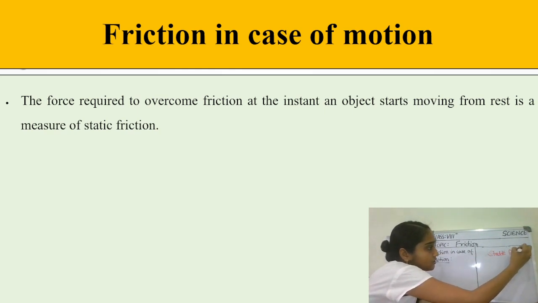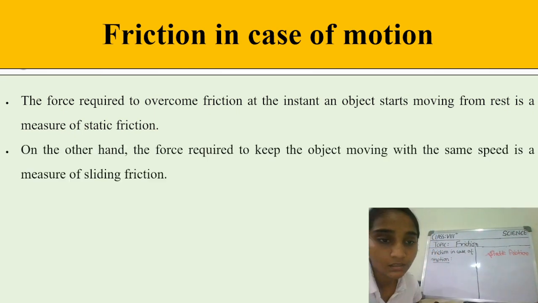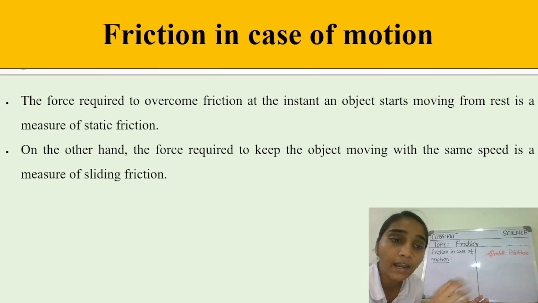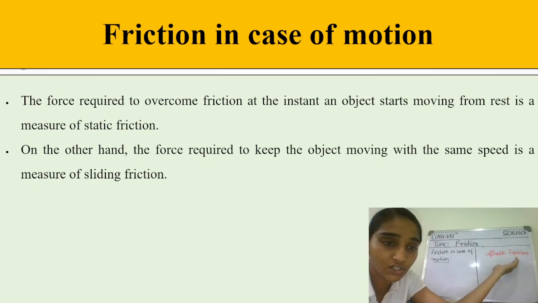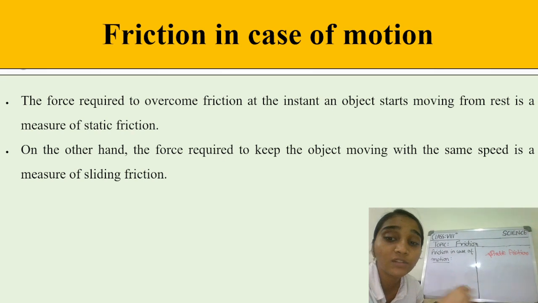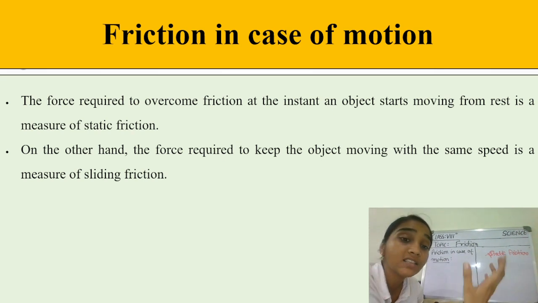On the other hand, the force required to keep the object moving with the same speed is the sliding friction. Because the object has already started moving from rest, we have overcome that friction. When the object is already moving, the force required to keep it moving with the same speed is the sliding friction.